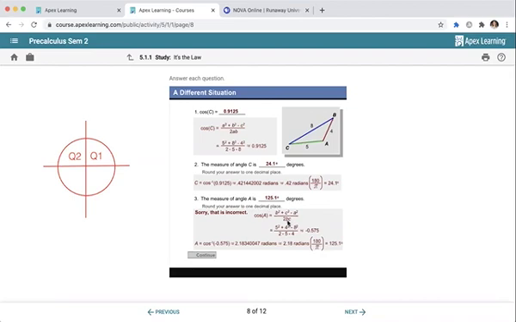Then if we wanted to do angle A, guess what? We would do the same thing again, but we'd solve for cosine of A this time instead of cosine of C, again paying attention to which values are added or subtracted.